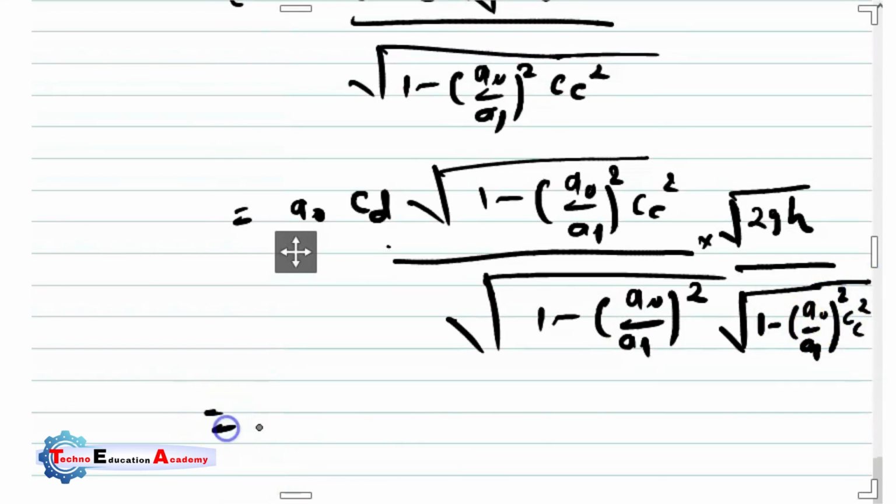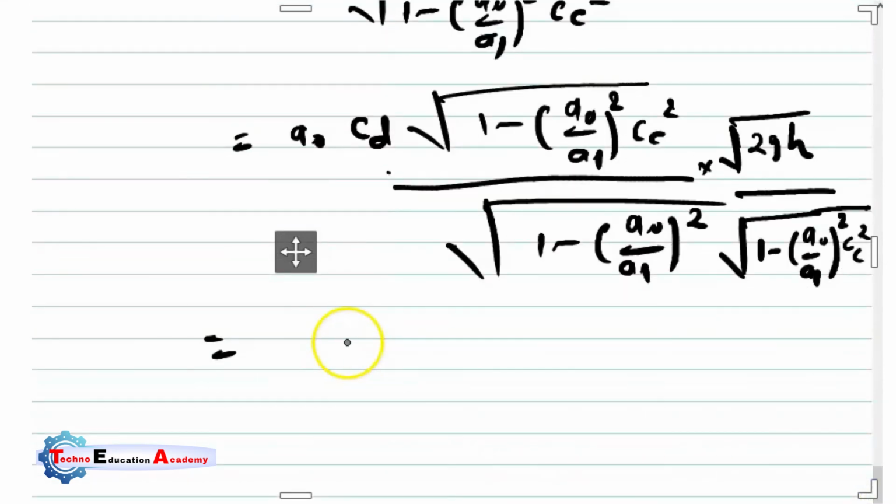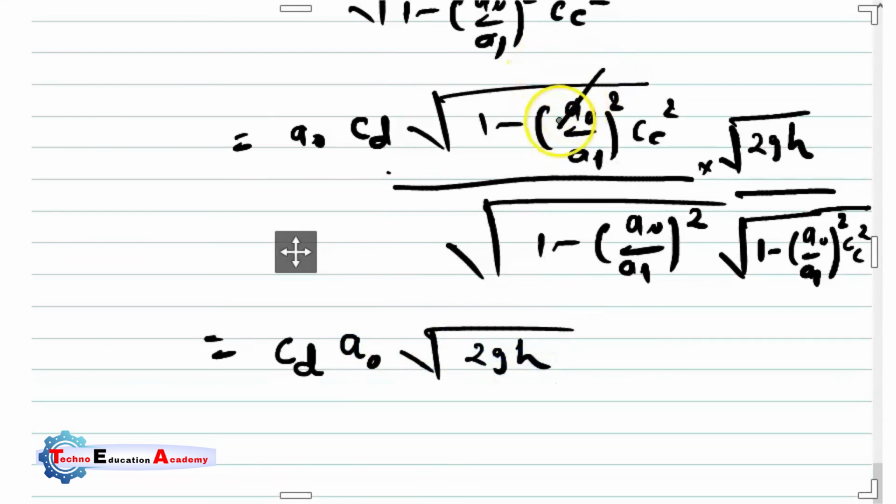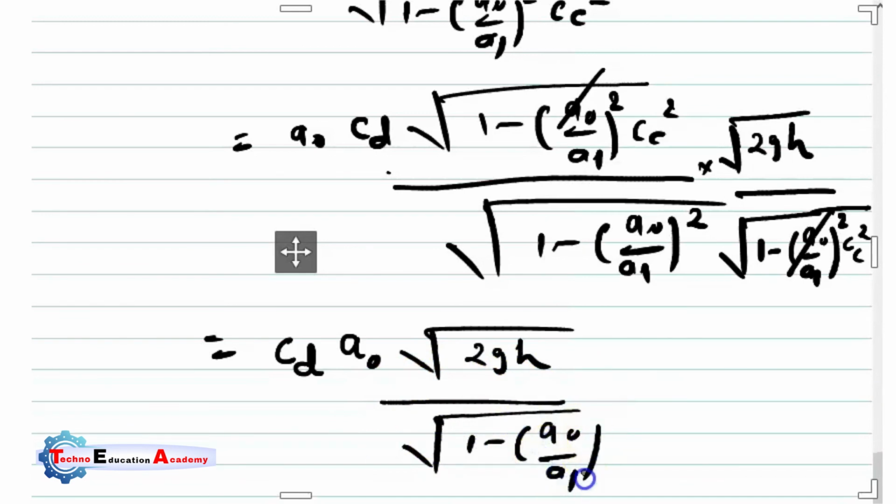So further simplifying the equation, we get CD A0 bracket under root 2gh. These terms are neglected because they are the same term, divided by under root 1 minus (A0 by A1) whole square.